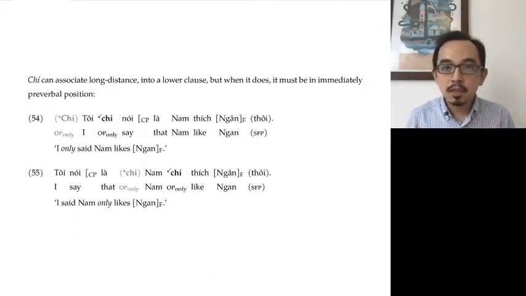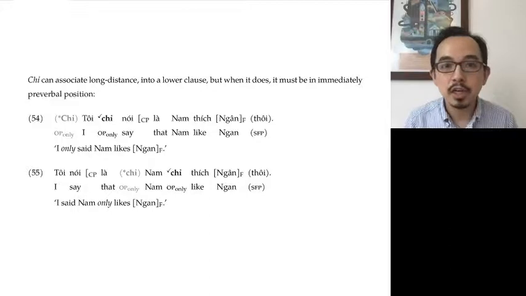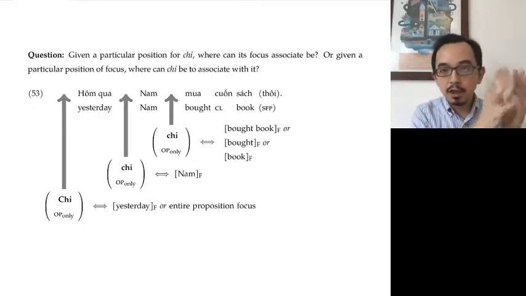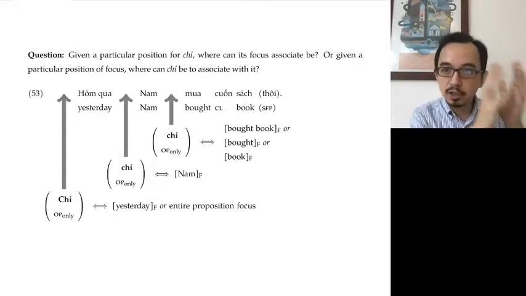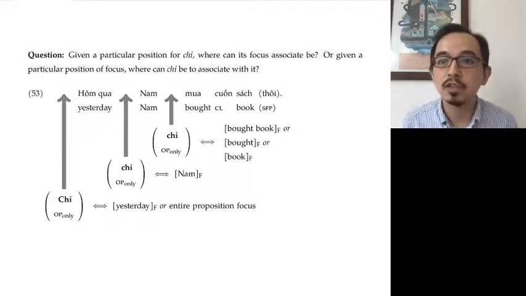But clearly there's something interesting going on here, especially when we compare this to the previous examples in 53 in that diagram. Because in 53, I'll go back to it for a moment, I started by describing this by saying, let's put chi in different positions and see what they can associate with.